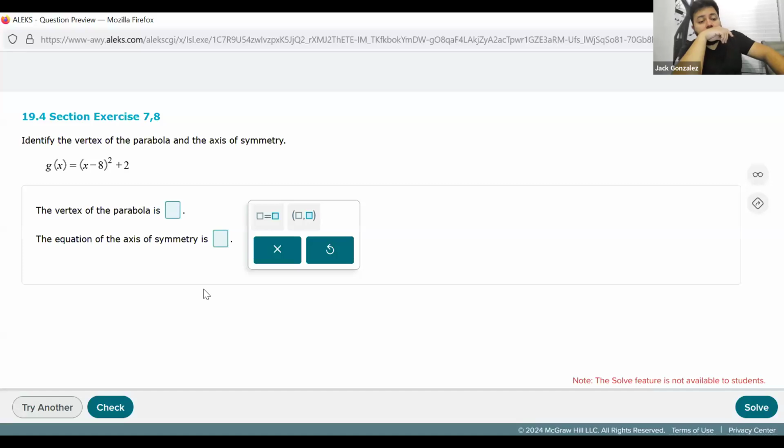Number two, this is in standard form. Can you tell what the vertex is by looking at it?